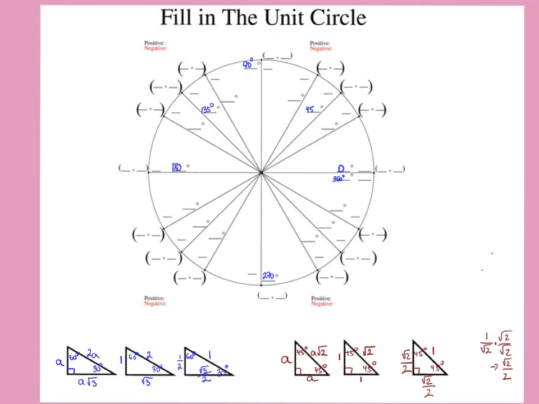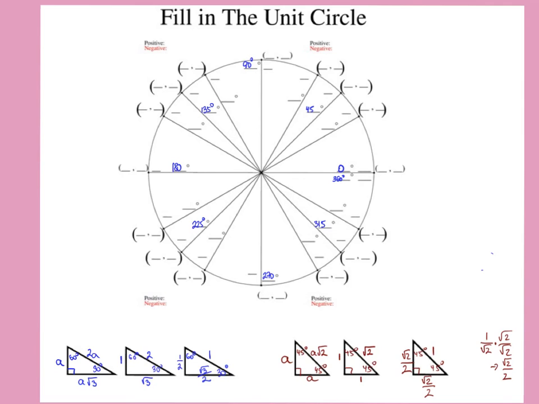So we are going to land on 225 degrees. And then from 270, again, we are going to add 45 degrees. So we are going to land on 315 degrees. So we just completed our circle going by 45-degree measures: 0, 45, 90, 135, 180, 225, 270, and 315.